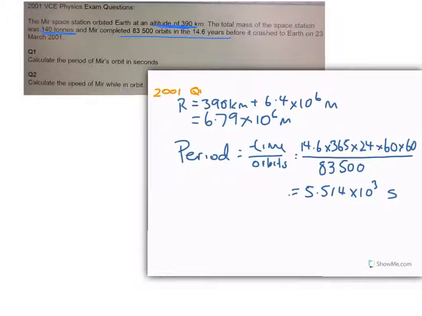Then to calculate the speed of Mir while it's in orbit, that's question 2 now.